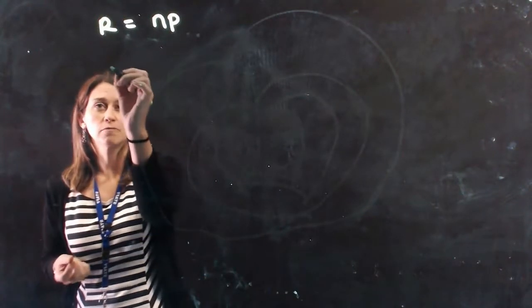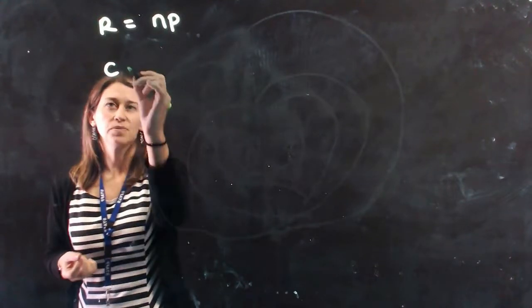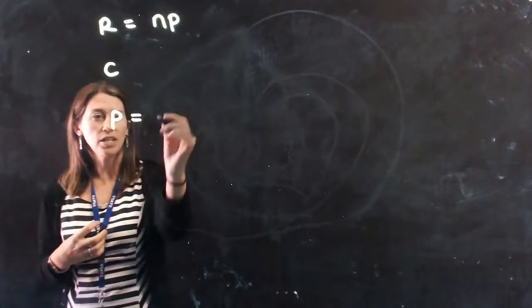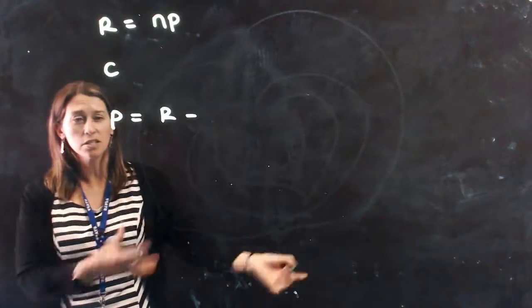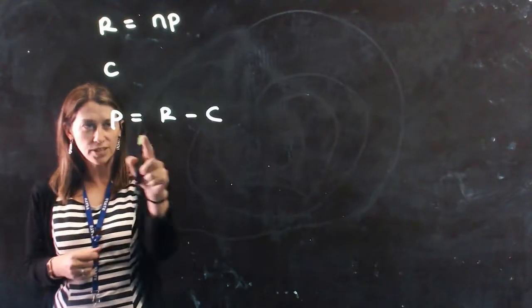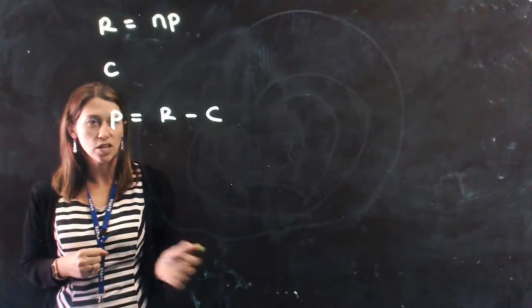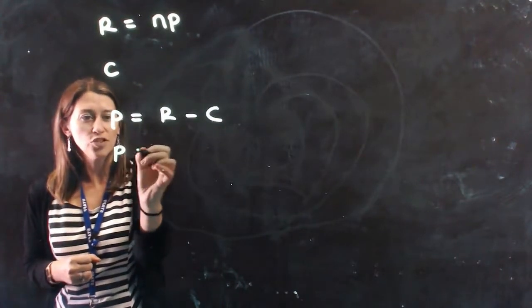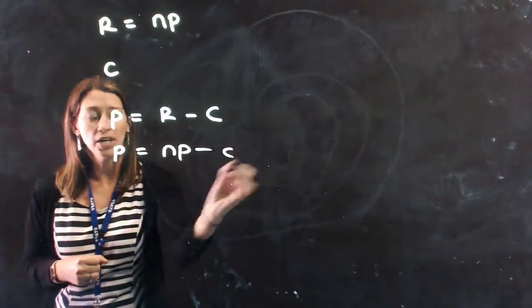And we talked about profit. Profit would be the money that comes into the company, the revenue, take away any costs that need to go out. So in the simple case, the profit is the revenue take away the cost. And we can also substitute this equation into this. So we have NP minus C would produce the profit.